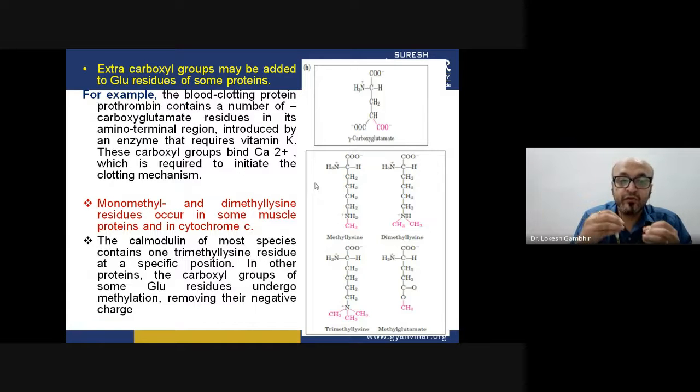These have been shown to be present in multiple cases, like in muscle cells, the methyl lysine or dimethyl lysine, the attachment of a methyl group to the lysine residue, or in cases of cytochrome C. And in the case of glutamate, methyl glutamate is present in calmodulin protein, which is a calcium binding protein, again a very important protein in mediating calcium based signaling pathways.